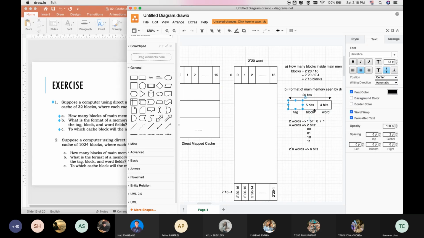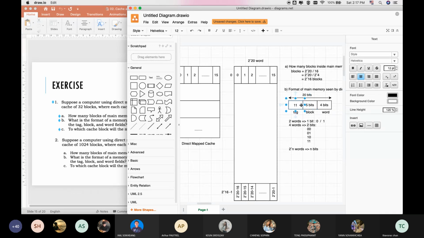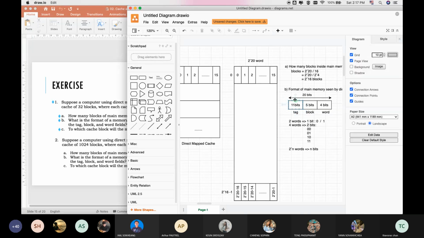And the tag here, just simply do some subtraction between 20 and 9. So we need 11 bits for the tag. The tag here is for the remaining. Okay, but for the MSB, not LSB. The most significant bits are just for the tag.